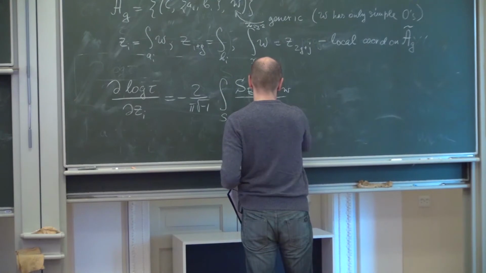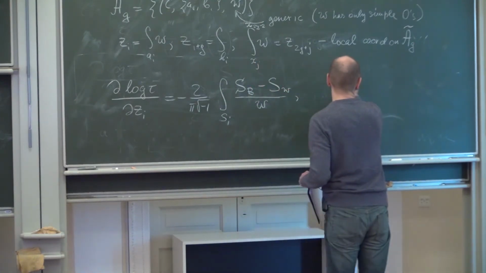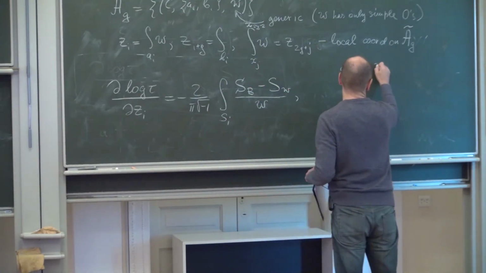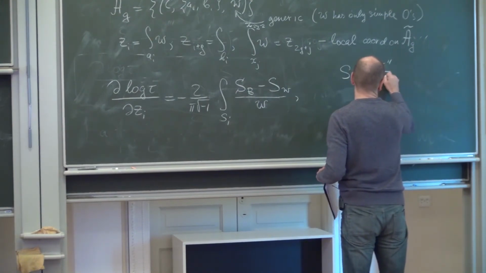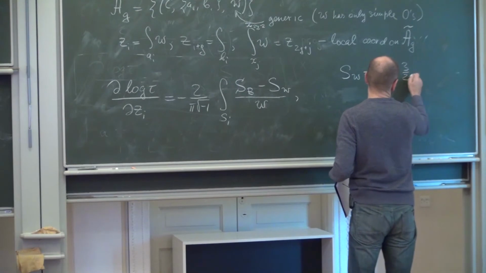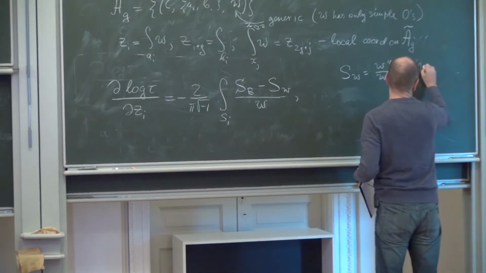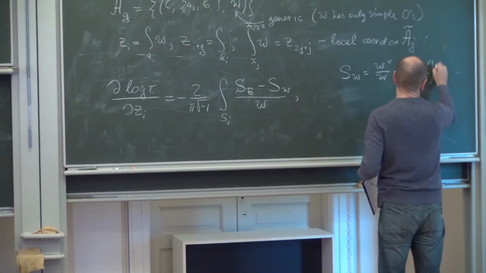Now S_w is the second derivative of w over w minus 3/2 of w prime over w, squared.